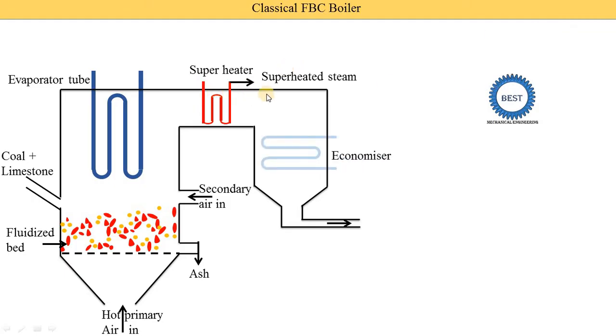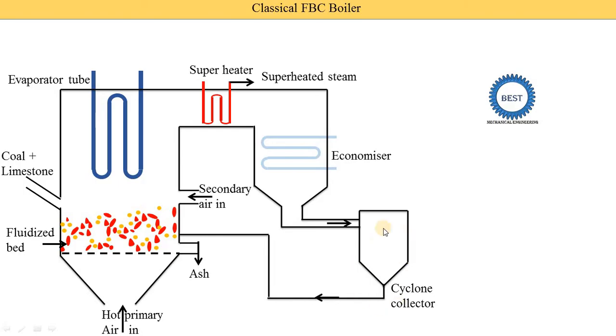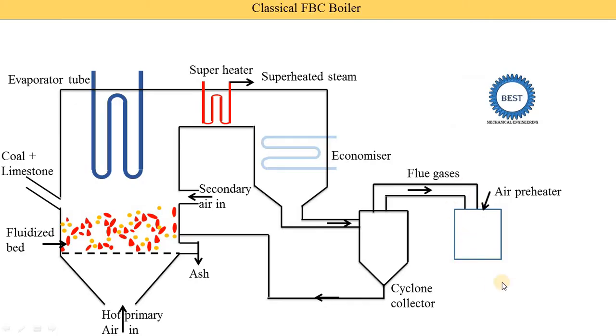But these flue gases pass through the economizers, where the temperature of the water is increased, and then this water is supplied to the evaporator tube. The hot gas coming out from the superheater passes through the economizers, then it passes through the cyclone collectors, and in the cyclone collectors the unburned particles or fly ash are removed and supplied again into the combustion chamber. Then the flue gases are supplied into the air preheaters.